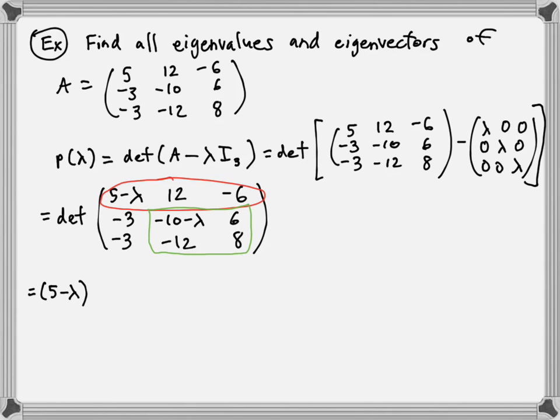So it's going to be times negative 10 minus lambda times 8 plus 6 times 12, so plus 72.